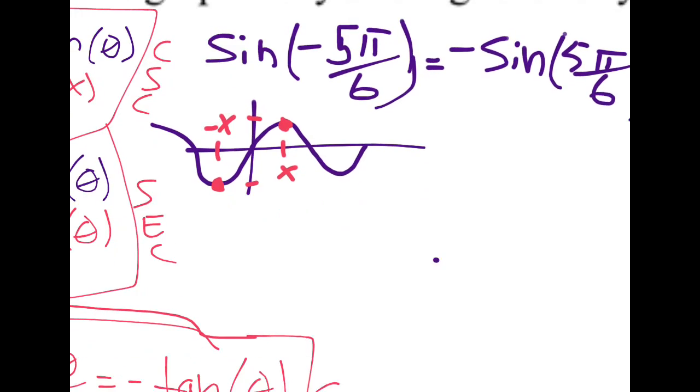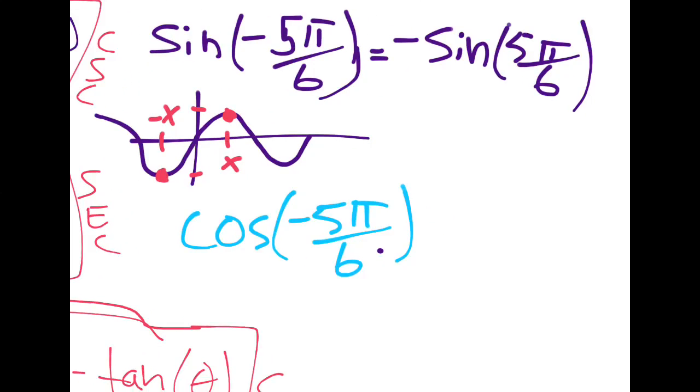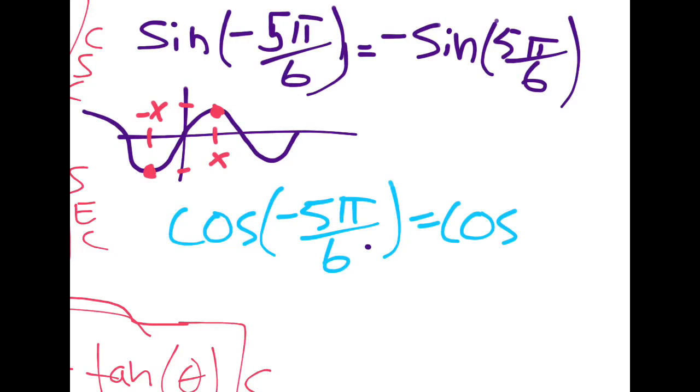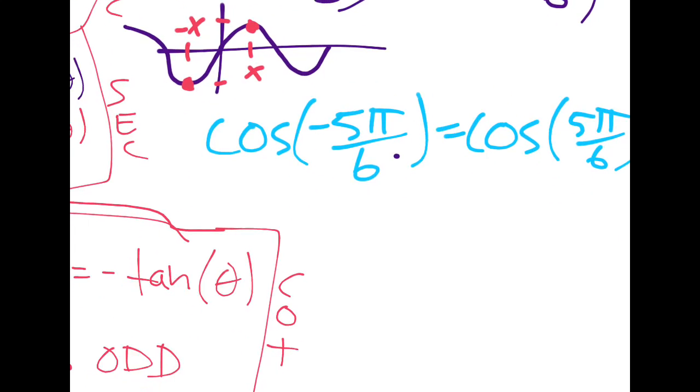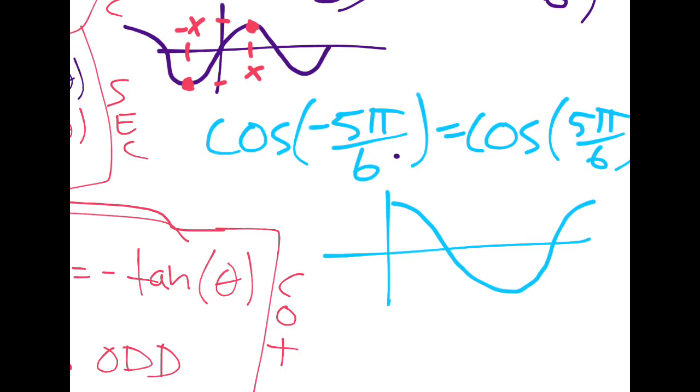And then if you think about cosine, well, what this is saying is cosine of, let's use the same example, negative 5 pi over 6 is equivalent to cosine of positive 5 pi over 6. And again, symmetry-wise, if you think of the cosine function, it looks like that, but continued this way, it's saying the same thing.